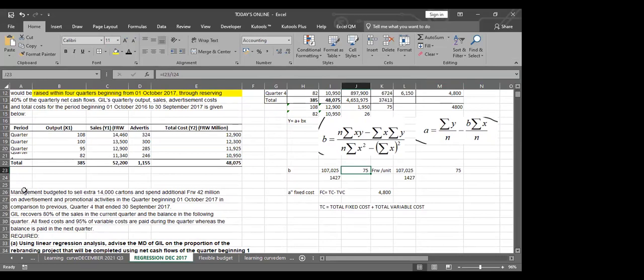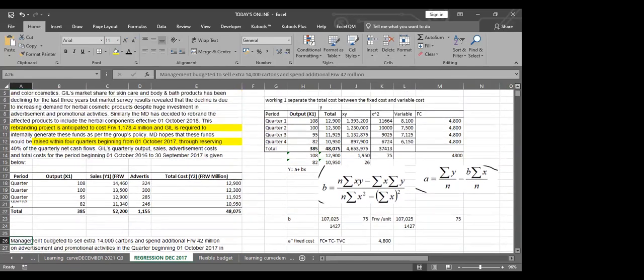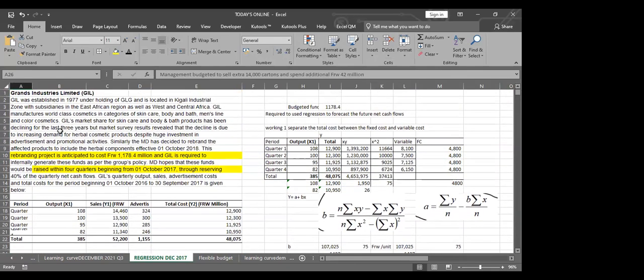They have said that they want to collect some funds to finance this. The MD hopes that these funds will be raised within 4 quarters of another year, which is 2017, through reserving 40% of the net cash flows. So I need to get net cash flows.